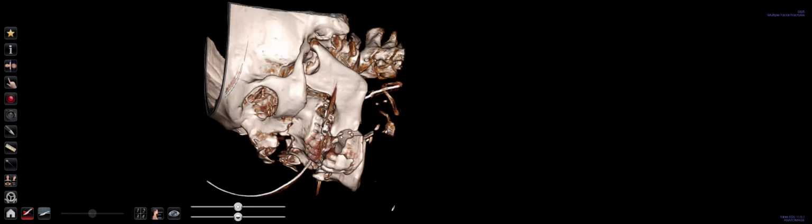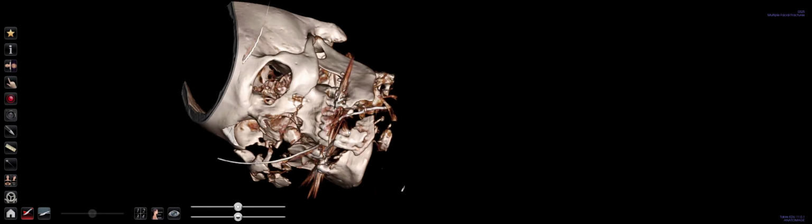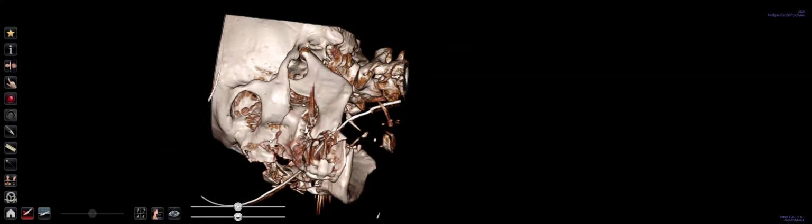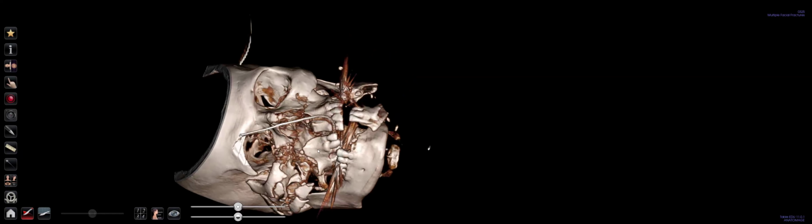So we've got a few different, you can see the zygomatic bone definitely fractured, the mandible definitely fractured, the maxilla definitely fractured. The temporal bone, we have the zygomatic process is definitely fractured there. Let's look at the other temporal bone over here. That one looks pretty good. We don't see any real fractures there. What else?